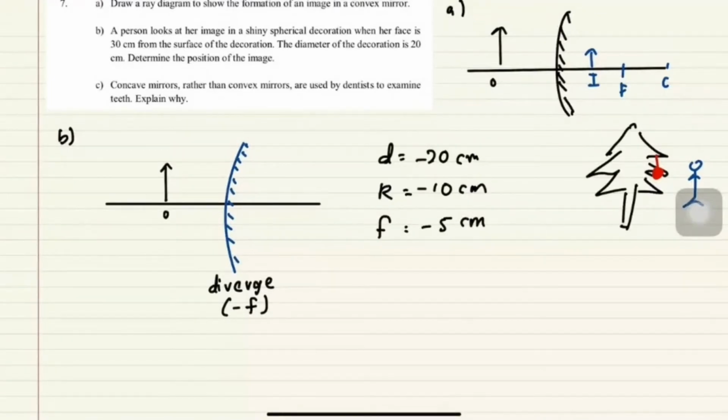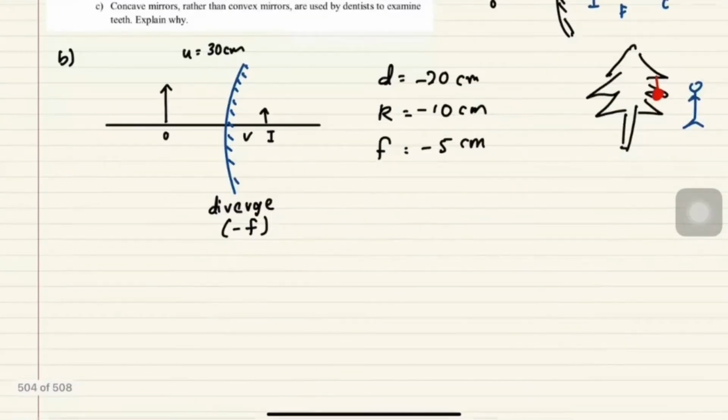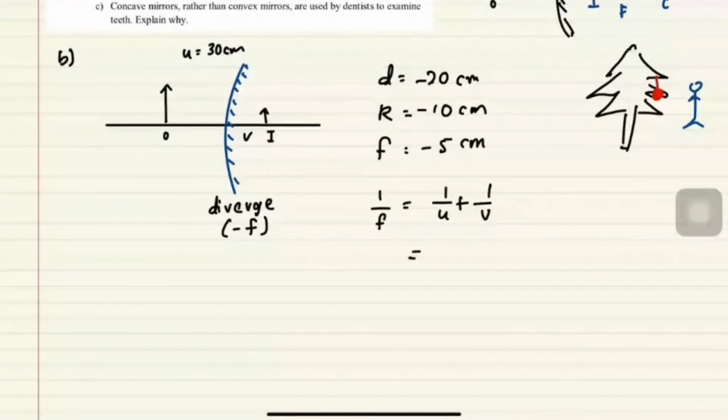Determine the position of the image. So basically the question wants to find V. So U is here. Okay, you know straight away the image will be formed over there. Okay, sebab kita tahulah. Untuk convex memang image dekat situ saja. So 1 over F is equals to 1 over U plus 1 over V, 1 over negative 5, U is 30.